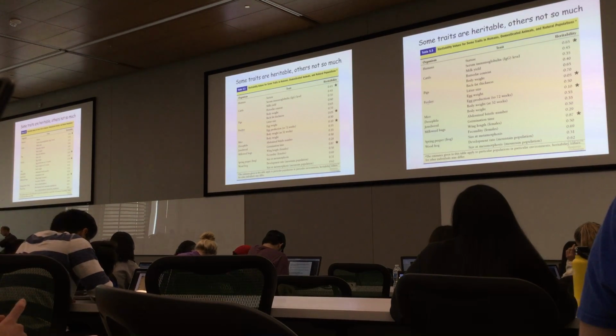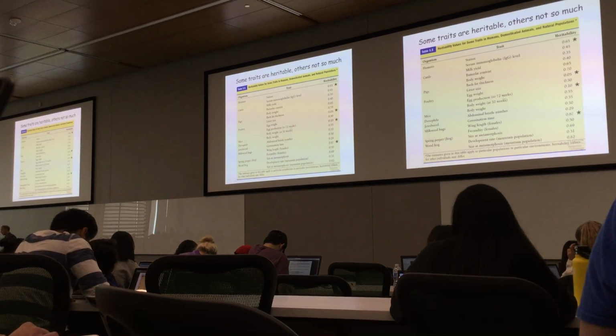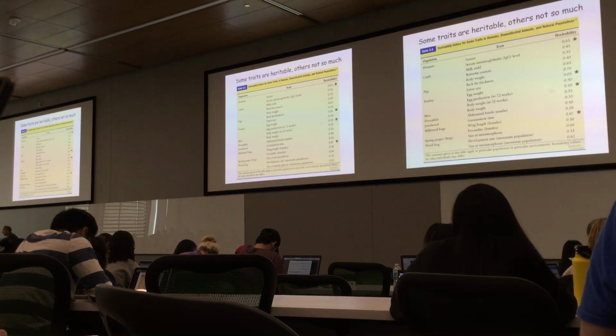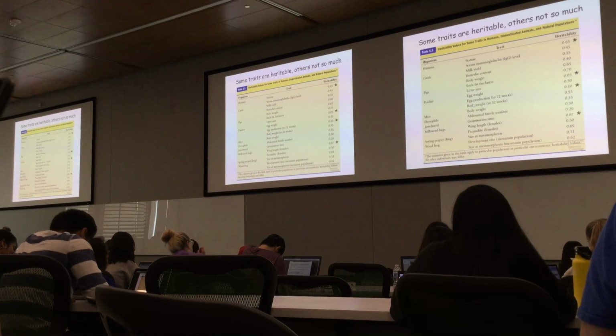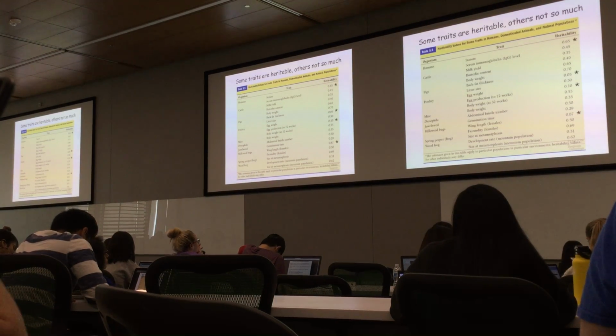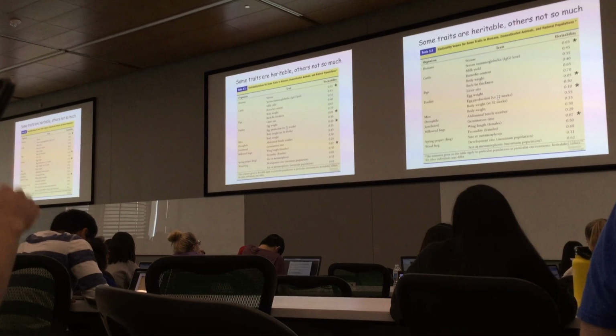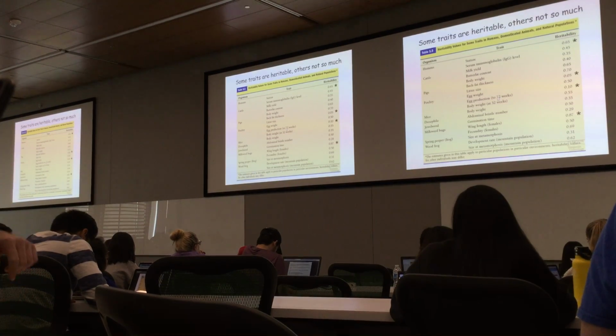Another one, poultry, egg production to 72 weeks. So what is that, a year and something or other? Not a very high heritability value. So if you selected chickens that produced a lot or a few eggs up to this time point, bred them together, and asked, will you continue to produce chickens of that type? The answer is no, not so much. It's not a very heritable value.